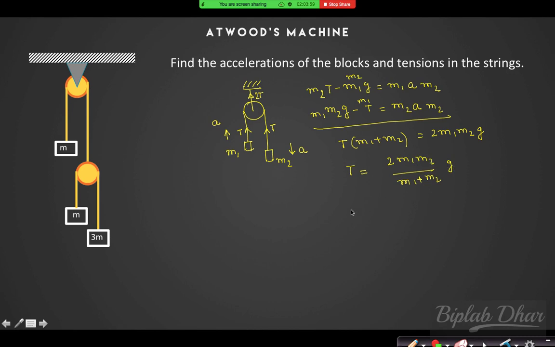And what is 2T? Is it 4 M1 M2 by M1 plus M2? Yes. Why have I done this process? Now look, can I replace this entire situation by this case, with a mass equivalent, where this equivalent mass is nothing but 4 M1 M2 by M1 plus M2?